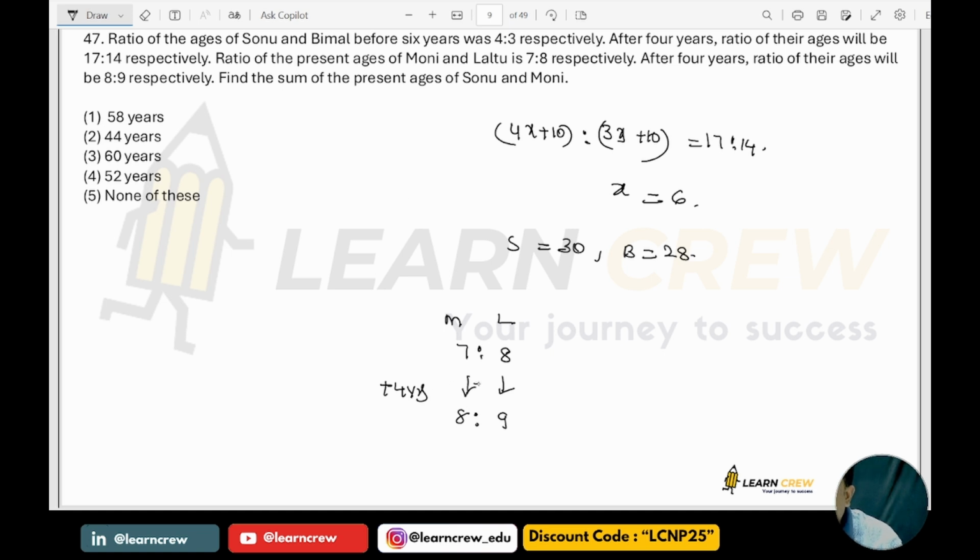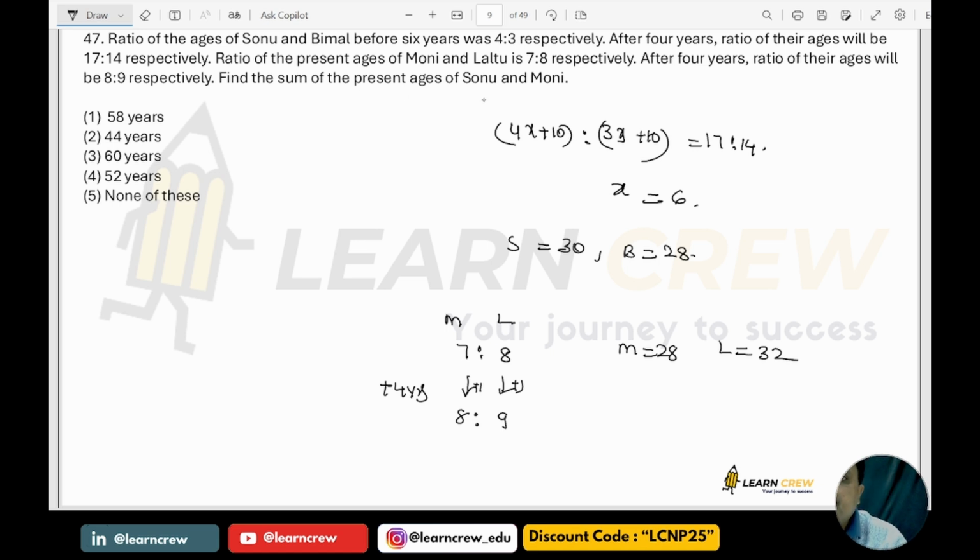So this one part increase is 4 years. So 7 4s are 28, 8 4s are 32. This one part increase of both is because of 4 years. One part is 4 means 7 parts is 28, 8 parts is 32.